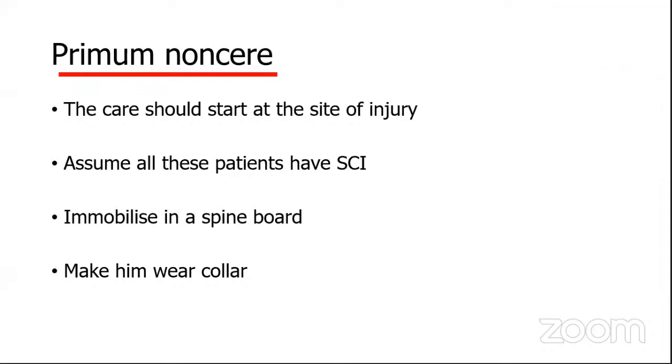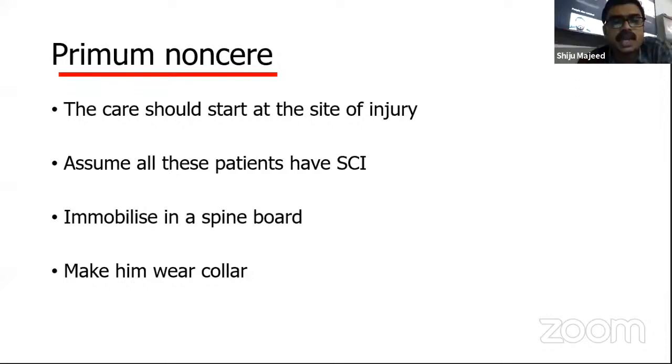Ideally, he should have been taken on a spine board and immobilized on it. The paramedics should have reached the spot. He should be made to wear a collar, so that it prevents any movement of the cervical spine. But instead, he was taken in a jeep or auto rickshaw to the hospital. Luckily for him, he did not develop further complications of the injury.